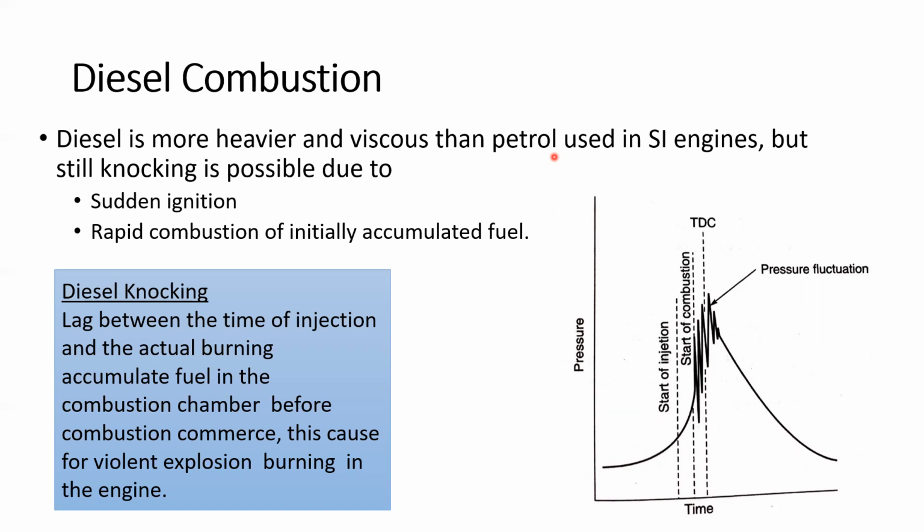And the other thing is, if the injection is too close to the ignition point, so that means if the ignition is very close to the TDC position, that could also create violent explosions. So in order to change these things, you can actually change the injection point.